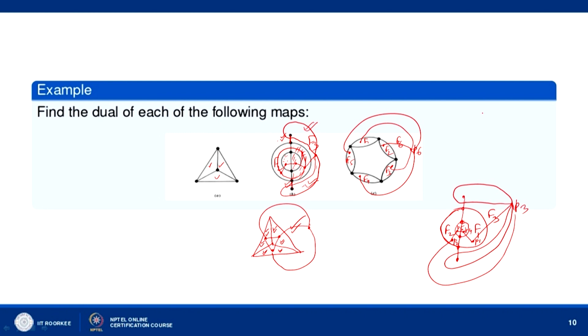Let us say this is P1, we have P2 here, P3 here, P4 here, P5 here, and P6 here.